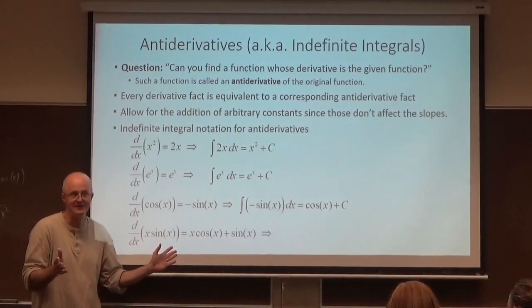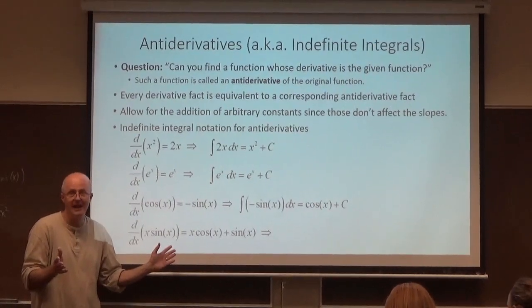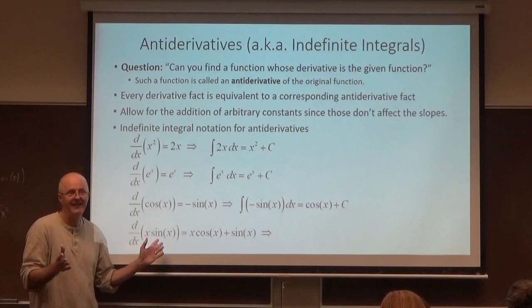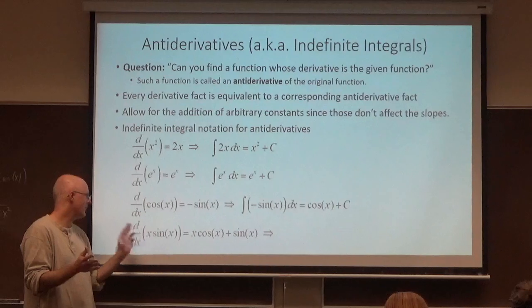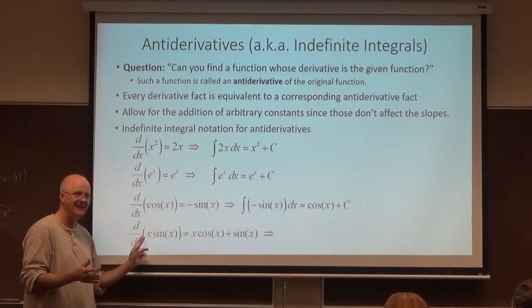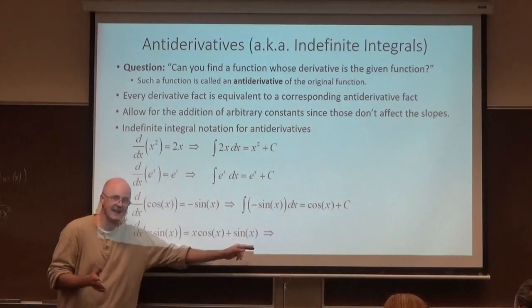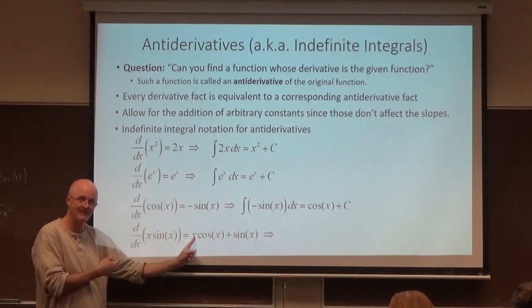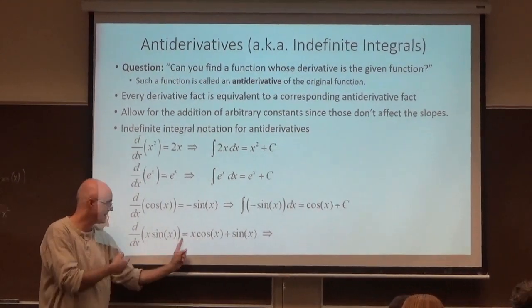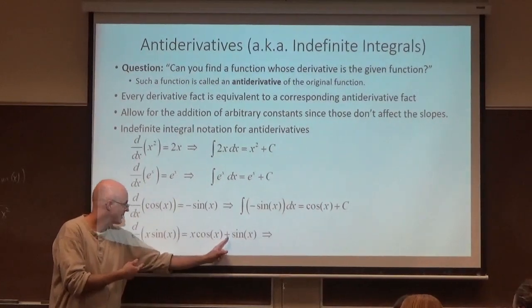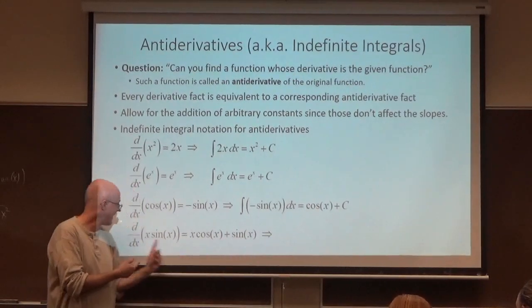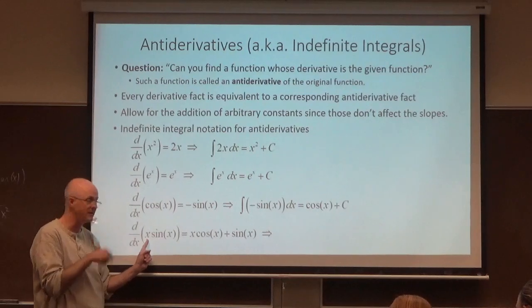I've been doing this kind of stuff for 30 years or so. 3Blue1Brown convinced me to say left and right. Left function, right function, because it flows so nice. Lefty right plus righty left. Left is x. D right is the derivative of sine of x, which is cosine of x. Plus right, sine of x, d left, derivative of x is 1.